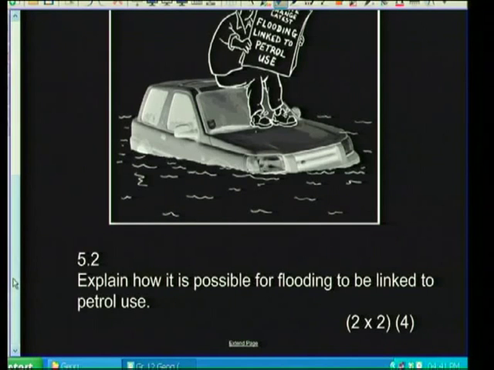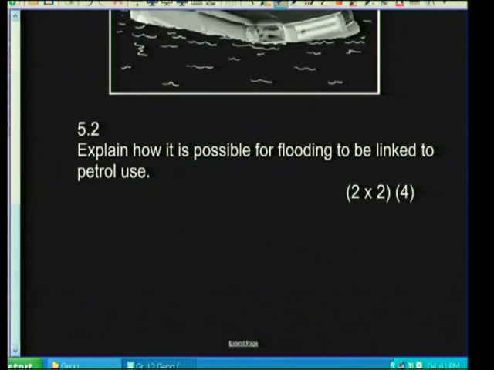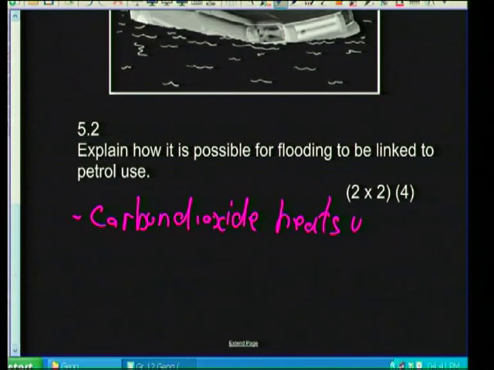Explain how it is possible for flooding to be linked to petrol use. Now you've learned in your notes or in class that the burning of fossil fuels when the car is traveling, number one, lets out a lot of carbon dioxide, which heats up the air or atmosphere, and that actually causes more warm air rising.